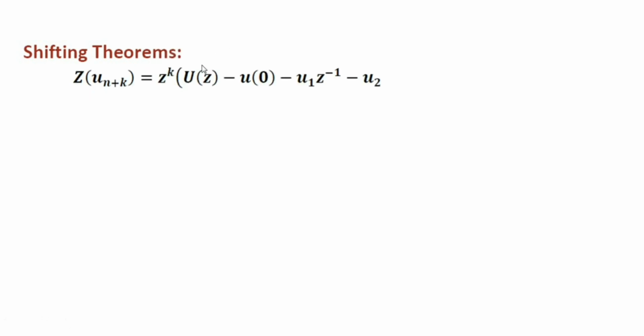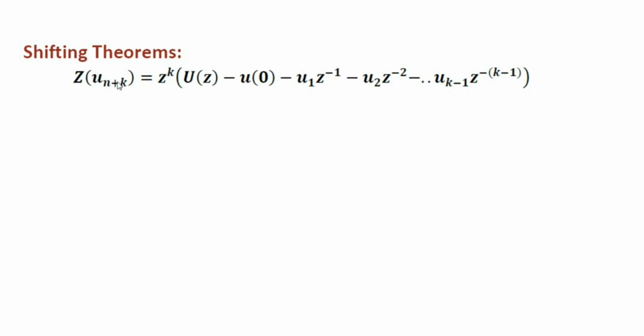Shifting theorems on Z-transforms. If Z{u_n} = U(z), then Z{u_(n+k)} = z^k [U(z) - u_0 - u_1 z^(-1) - u_2 z^(-2) - and proceeding in this way - u_(k-1) z^(-(k-1))].